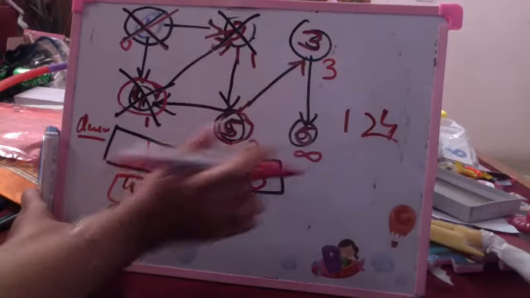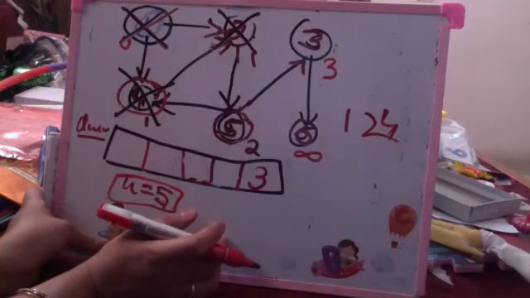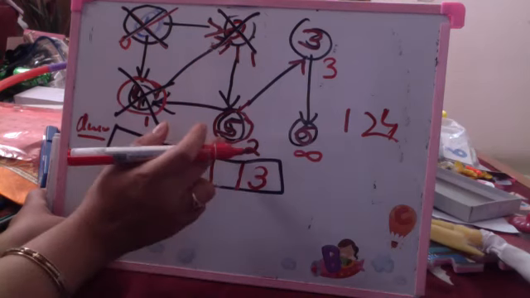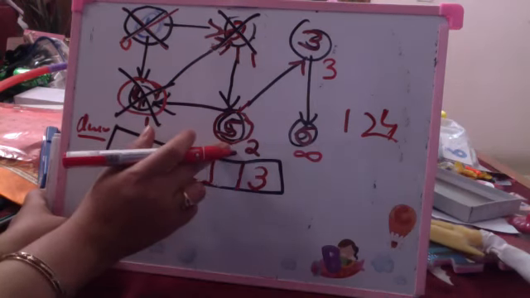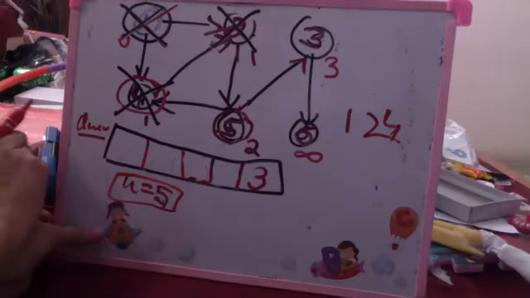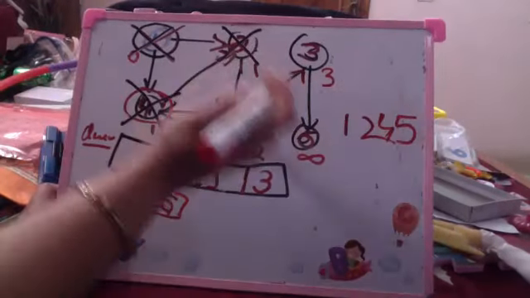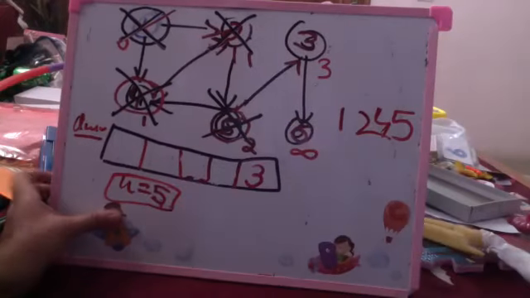Du is 2. 2 plus 1 becomes 3. And parent of 3 becomes 5. After that, there is no other node left adjacent to 5. That means I come out from the loop, print 5, and I color the node 5 as visited.